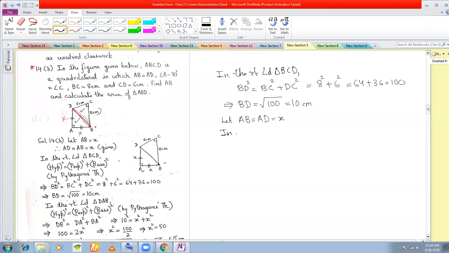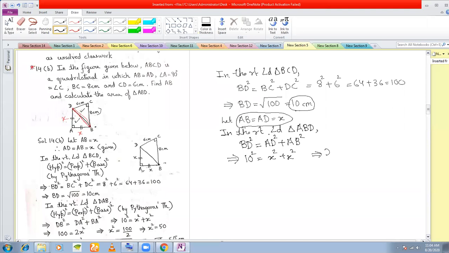So in the right angle triangle ABD, the hypotenuse here is BD and the perpendicular and base are AD and AB. So BD square equals AD square plus AB square. We have already found out BD is 10. This becomes 10 square. And we have taken AB equal to AD equal to x. x square plus x square.